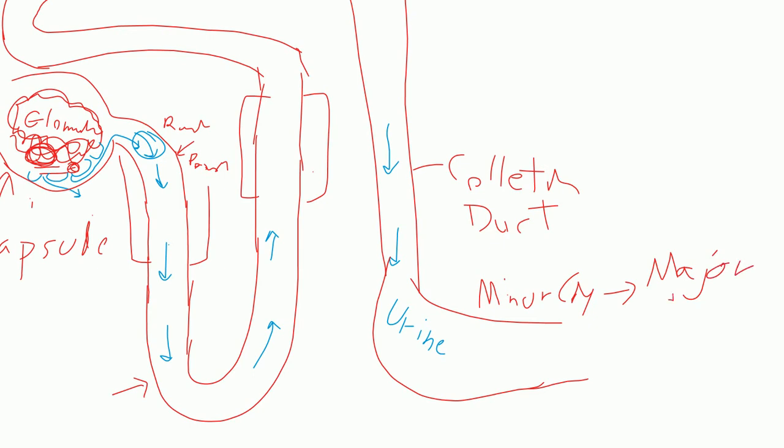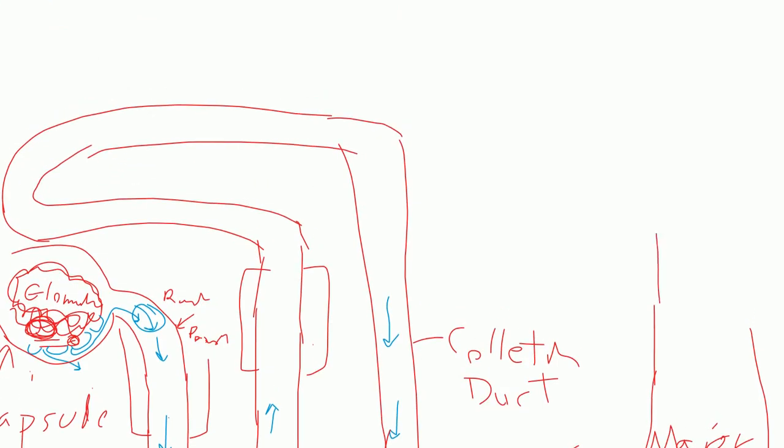And once it becomes the major calyces, it will continue forward into the renal pelvis. So I'm going to loop it right back into the renal pelvis.